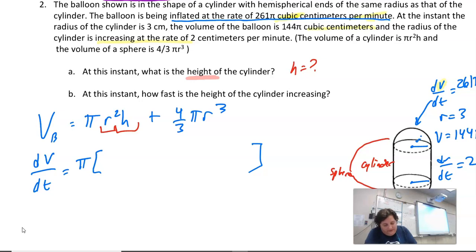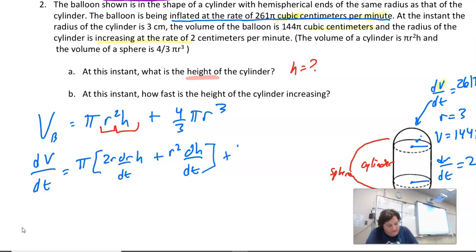For my product rule, you guys, I'm gonna go derivative of the first times the second plus the first times derivative of the second. Now that's just the product rule for the first part, and I kept the pi outside. Now for this one, I'm gonna keep the 4/3 pi outside, and then the derivative here is 3r squared dr dt.